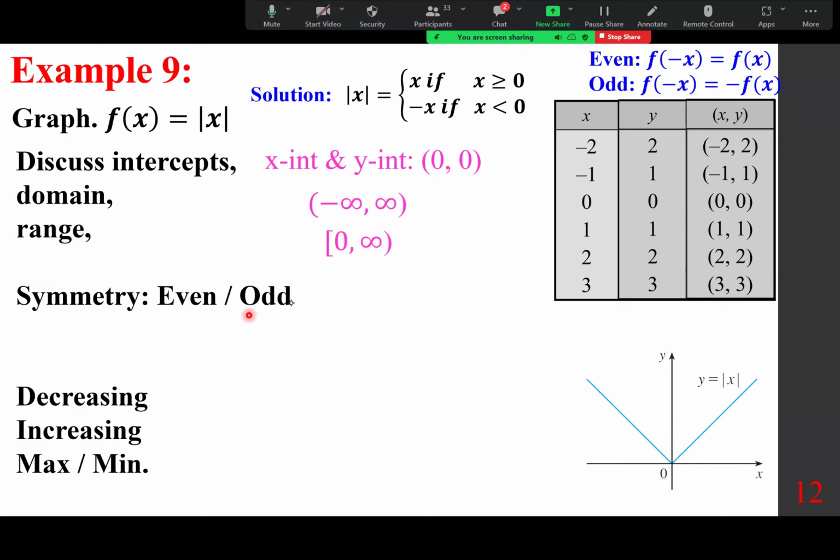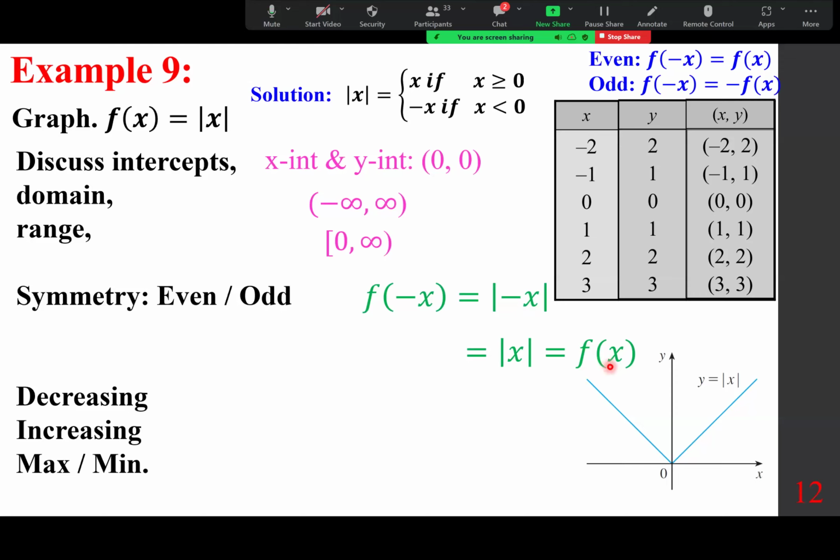So we want to discuss this. We want to look at f of minus x. F of minus x is the absolute value of minus x, which is the same as the absolute value of x, because inside you can separate the negative sign and it comes out as positive, because the absolute values of a negative number and a positive number are the same.